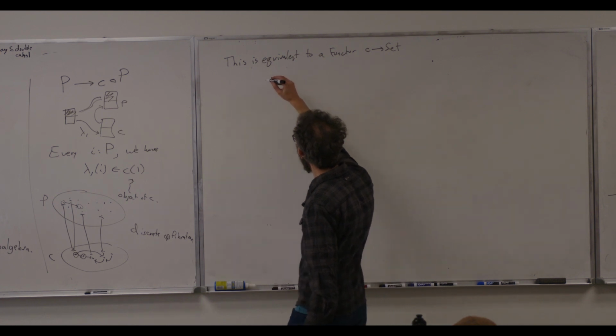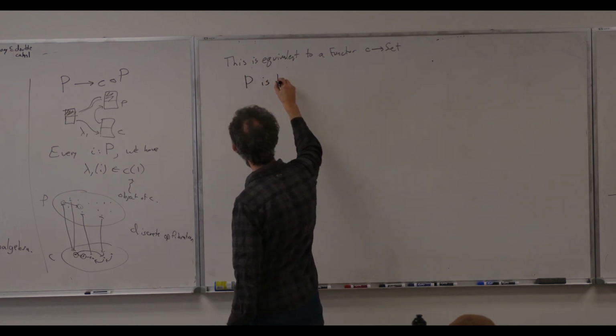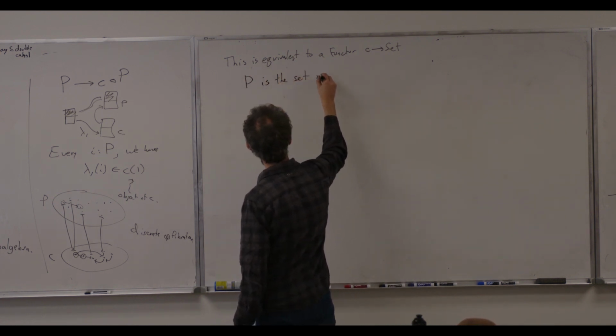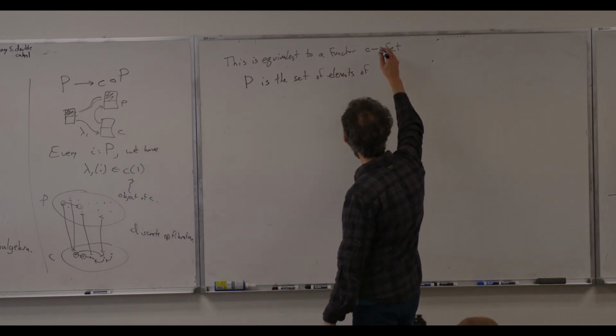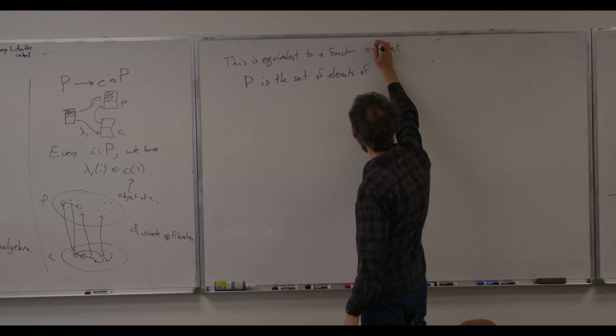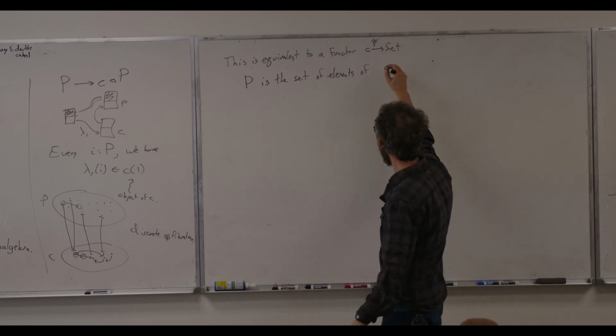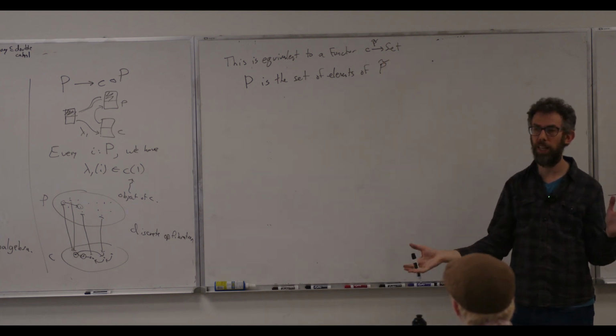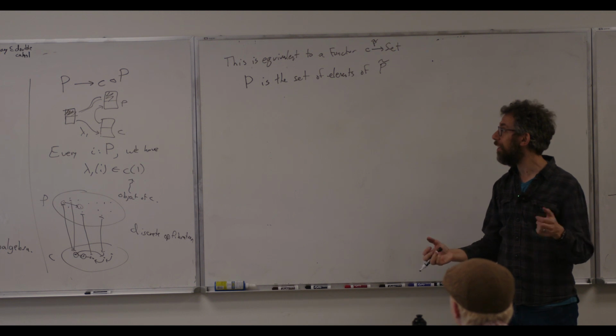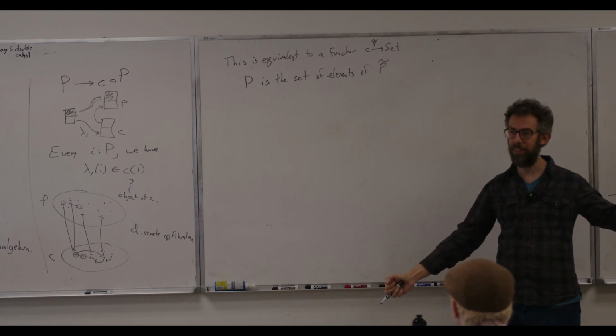P is the set of elements of, let's call that functor p twiddle. So for every functor from a category to set, you can add up all those sets, and you'll get P.